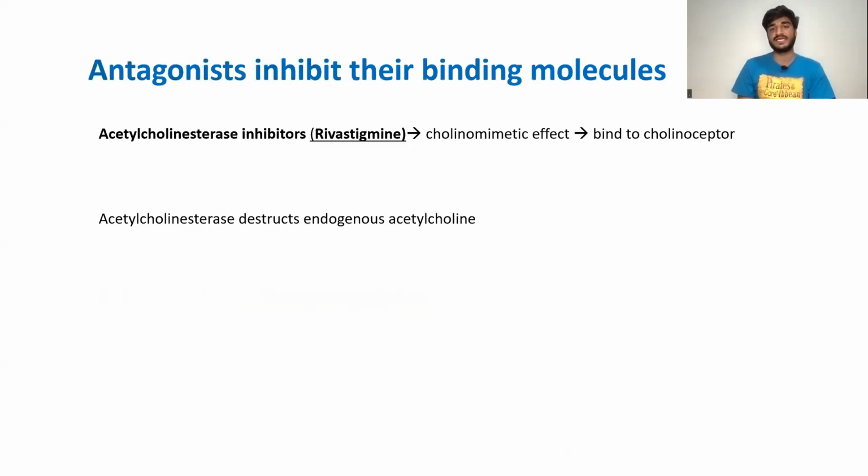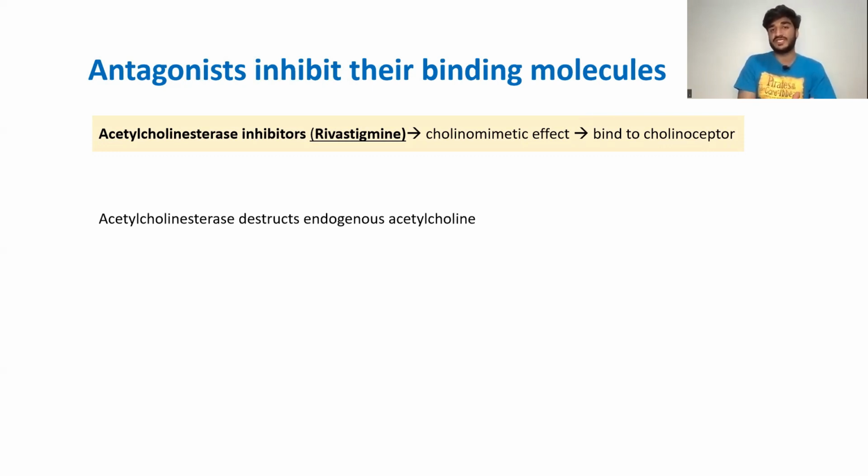And in this example, we see that when we use neostigmine or rivastigmine, which are acetylcholinesterase inhibitors, they actually act as cholinomimetics, and they increase the concentration of acetylcholine at the synaptic cleft or the postsynaptic neurons.